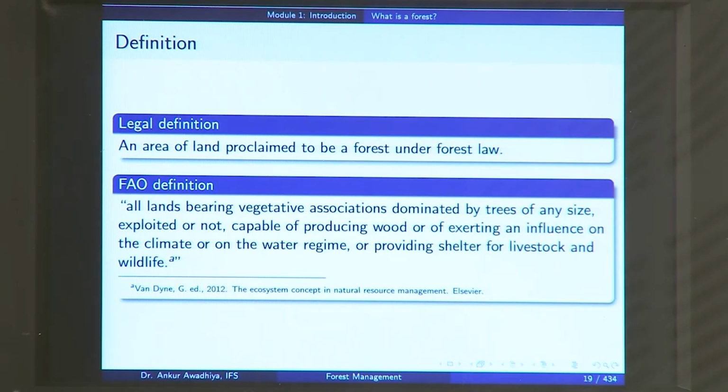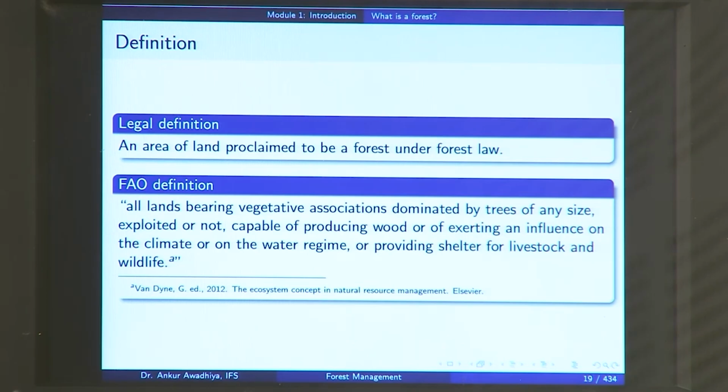Now, when they came up with the notification, probably in those days there were a large number of trees on that piece of land, but over time there was large scale deforestation, and today we do not have any tree on that piece of land. But still, because it has been proclaimed to be a forest, even though there are no trees remaining now, because it has been proclaimed by the government under a forest law, the court will continue to consider those areas as forests.